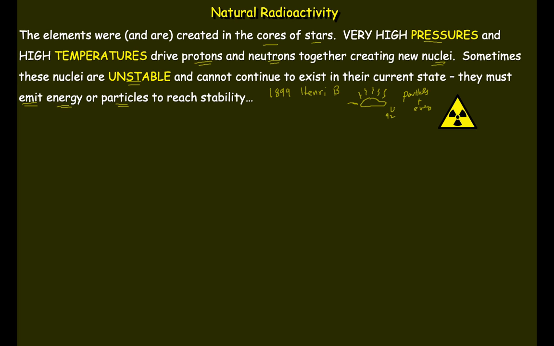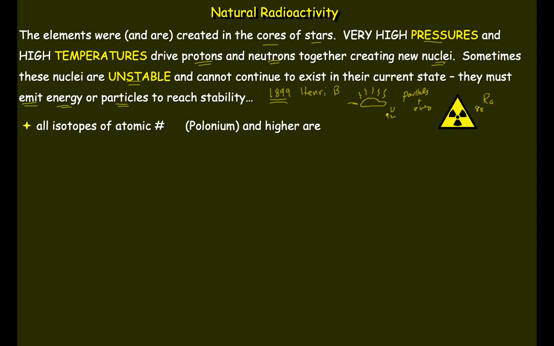Okay, Marie Curie eventually took this idea of this radiation or this radioactivity or this energy, and ended up discovering other elements. So she ended up discovering the element radium, number 88. So again, we had this idea around 1899 that this radiation existed, but before that, we didn't know.